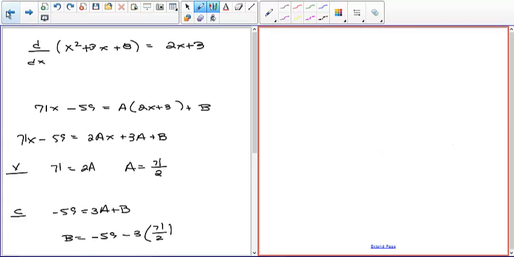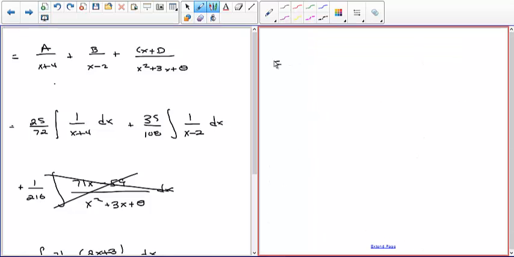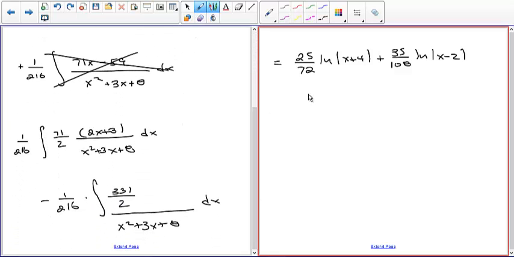So whoops, you just need a page right there. So the final answer is 25 over 72 times the natural log of the absolute value of x plus 4, plus 35 over 108 times the natural log of the absolute value of x minus 2. And then we have plus 71 over 432 times the natural log of the absolute value of x squared plus 3x plus 8.